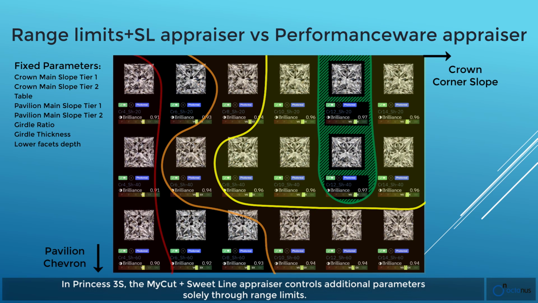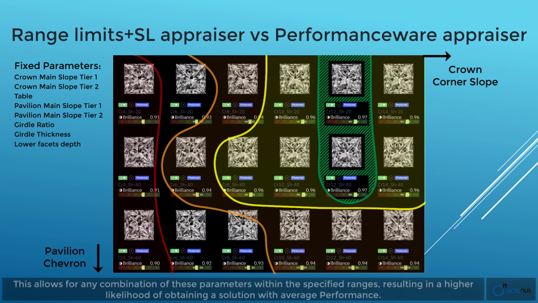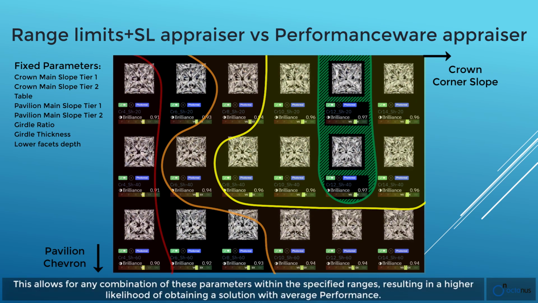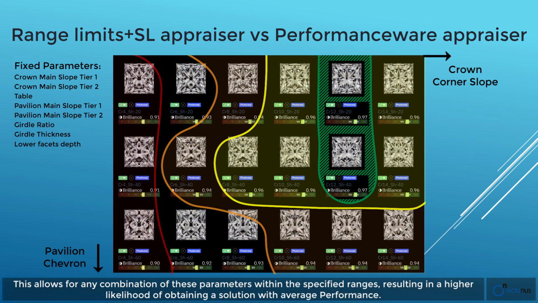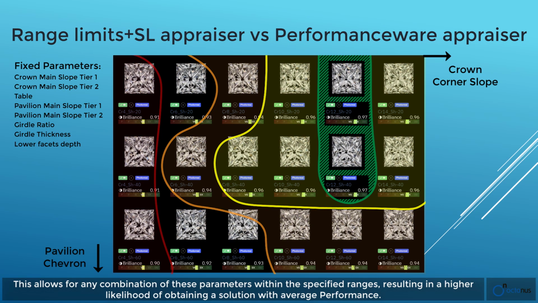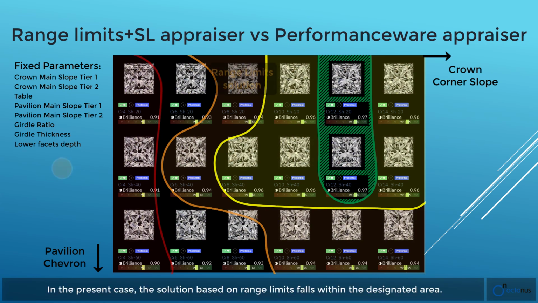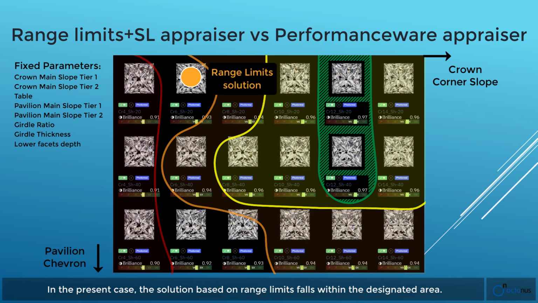In Princess 3S, the MyCut Plus Sweet Line Appraiser controls additional parameters solely through range limits. This allows for any combination of these parameters within the specified ranges, resulting in a higher likelihood of obtaining a solution with average performance. In the present case, the solution based on range limits falls within the designated area.